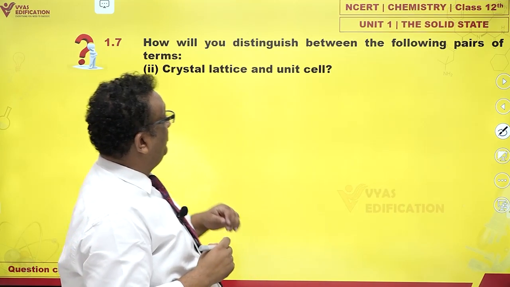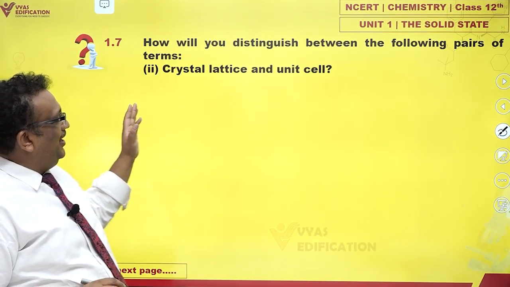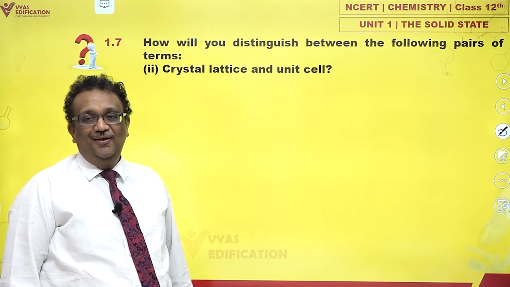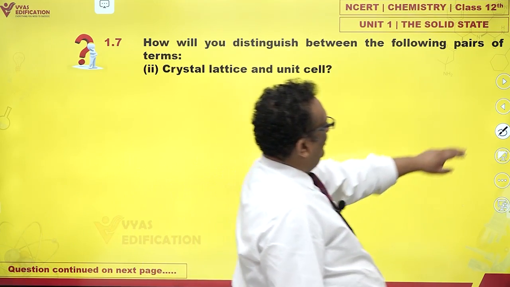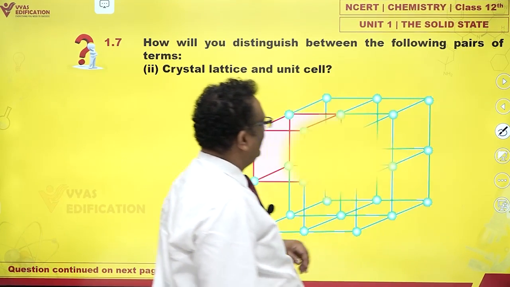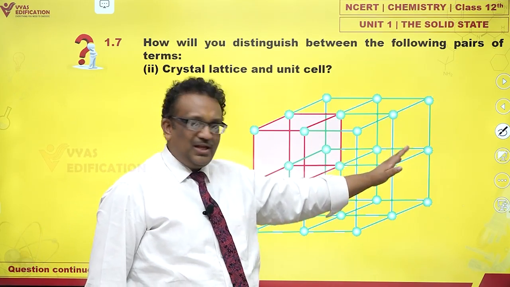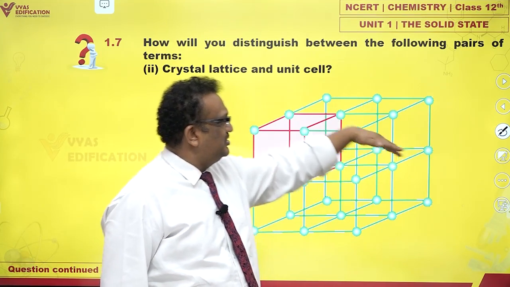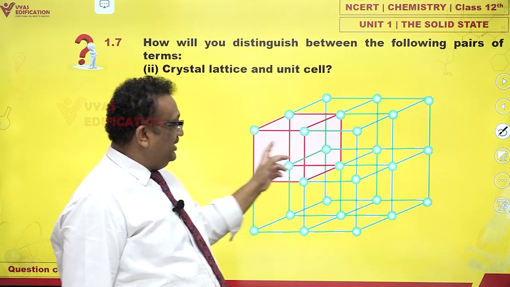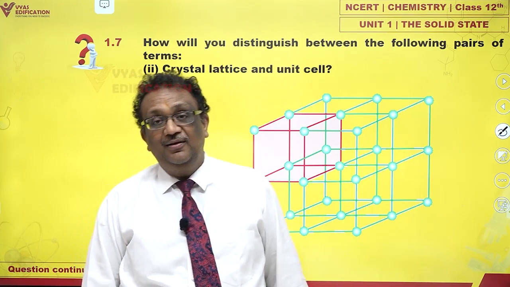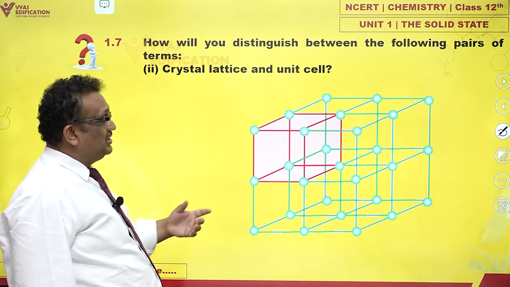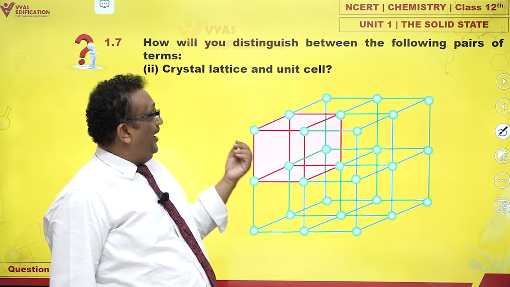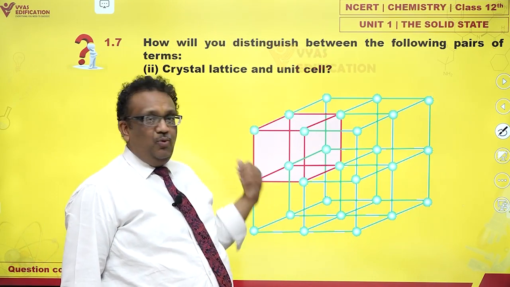How will you distinguish between crystal lattice and a unit cell? Well, that is very interesting and very simple also. Just look at this. If it carries on indefinitely in this direction, this direction, this direction, all these points collected together are called crystal lattice. And unit cell is just one portion.